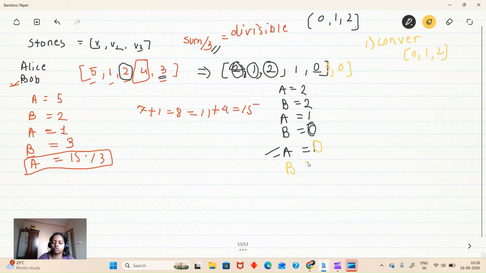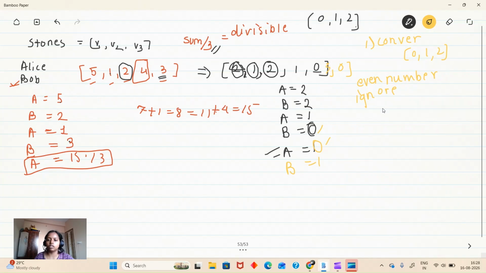Again Bob has to choose one, Bob will lose, right? So if I have even number of zeros, we can ignore it directly. Why? Because Bob and Alice are playing optimally and both can use it, so we can consider both will cancel out each other. If Bob is using 0, Alice can use the 0 and avoid that.